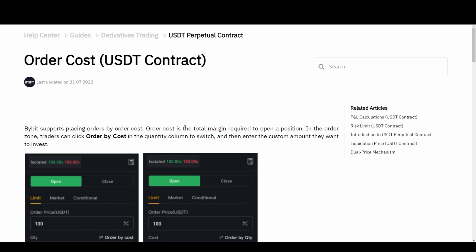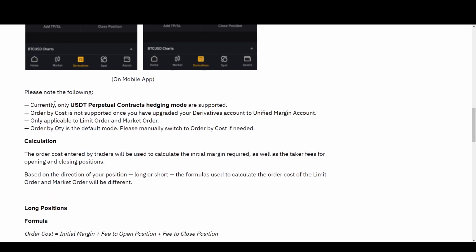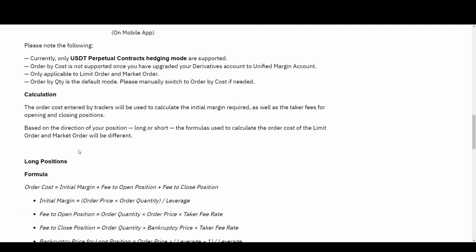Private supports placing and then custom. Please note the following. Currently only USD order by cost is not supported once upgraded. Only order by calculated order cost entered by traders will be used to calculate the initial margin required as well as the taker fees for opening and closing positions based on the direction, along with the formula used to calculate.